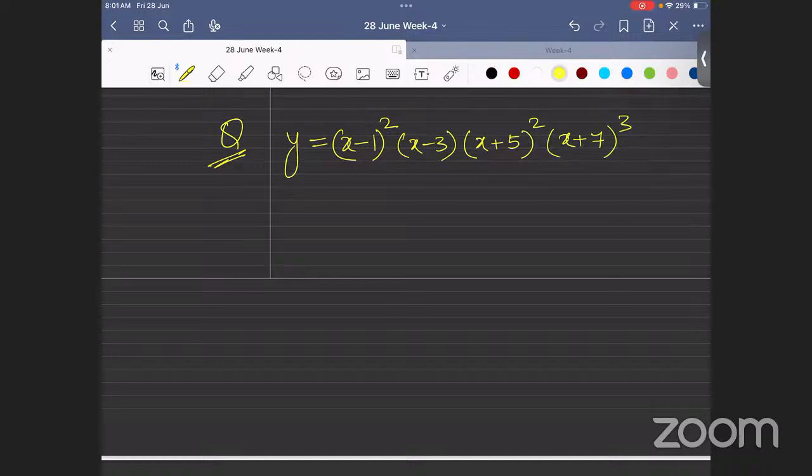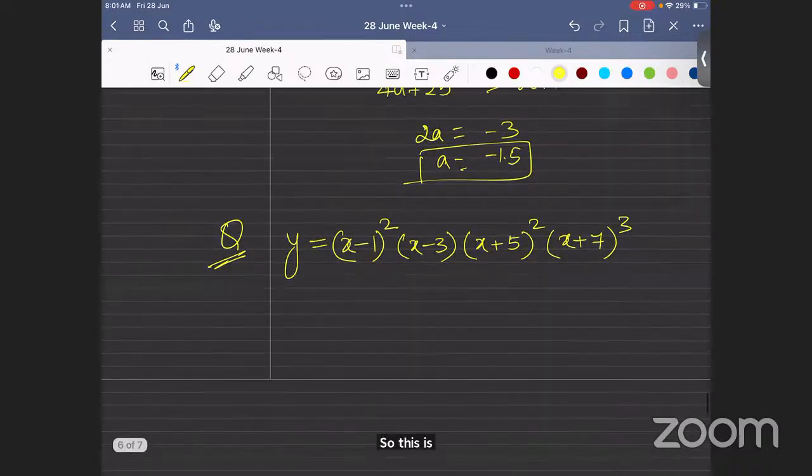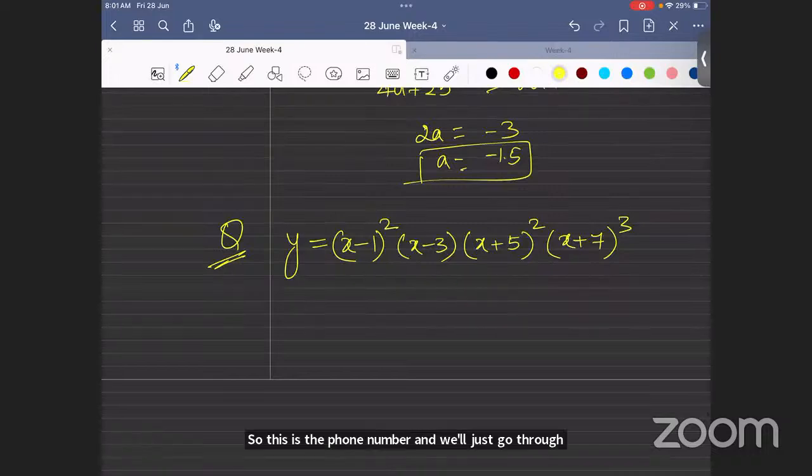Okay, so this is the polynomial, and we'll go through each and every thing about the starting behavior, end behavior, roots, multiplicity, all the behaviors of the polynomial, and how to plot this. We'll learn from this example itself.